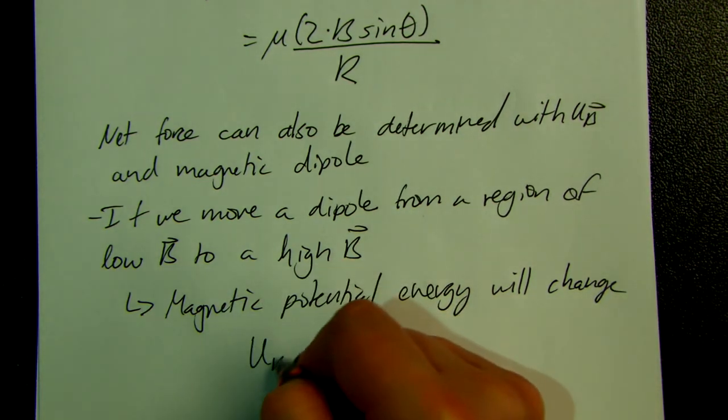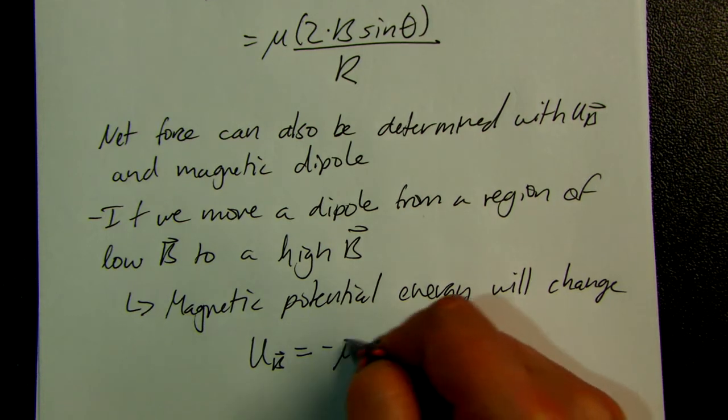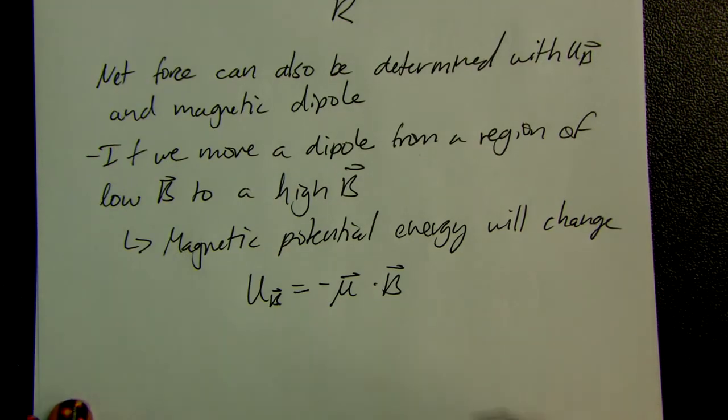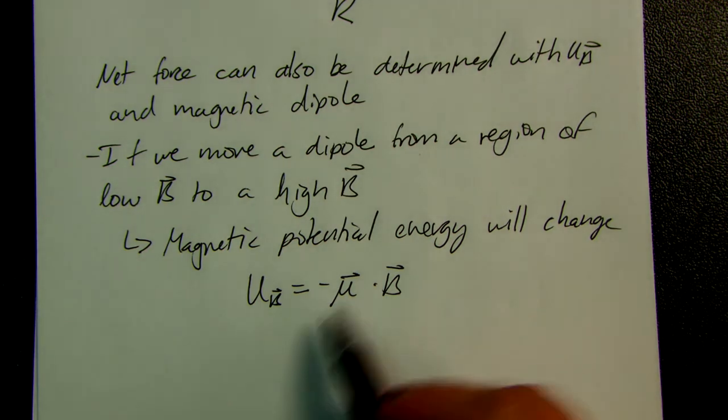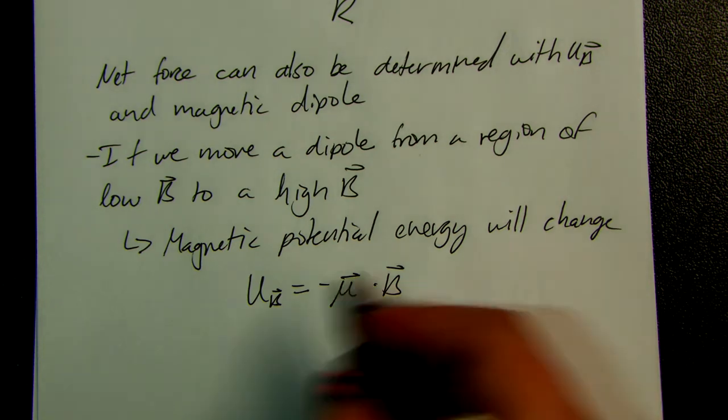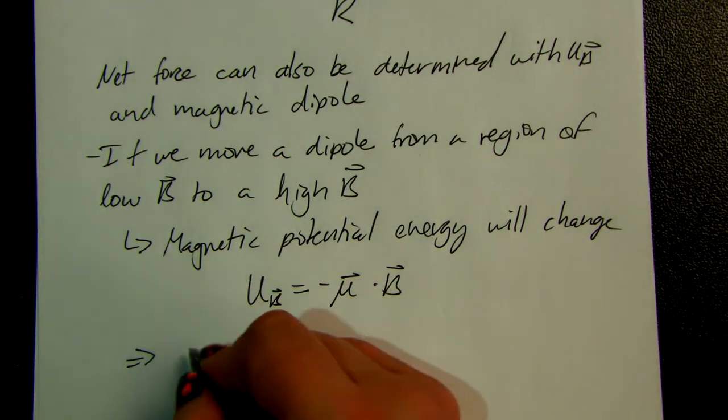So our magnetic potential energy is equal to minus mu dot B. If B changes, then mu B changes, unless mu also changes. So dipoles want to go to areas of lower potential.